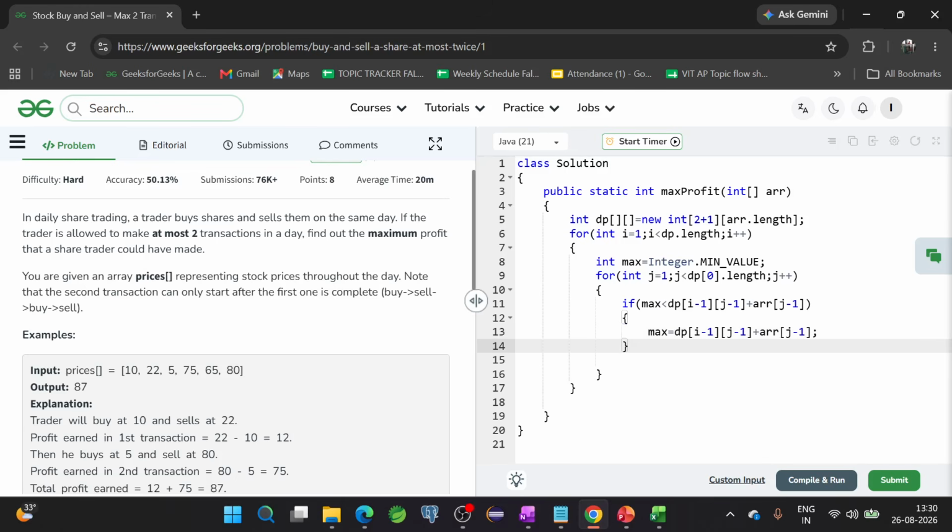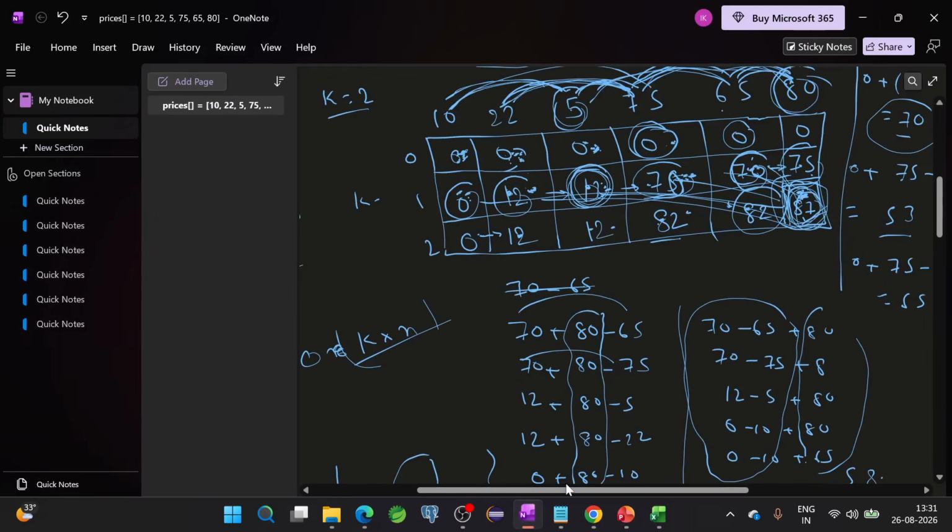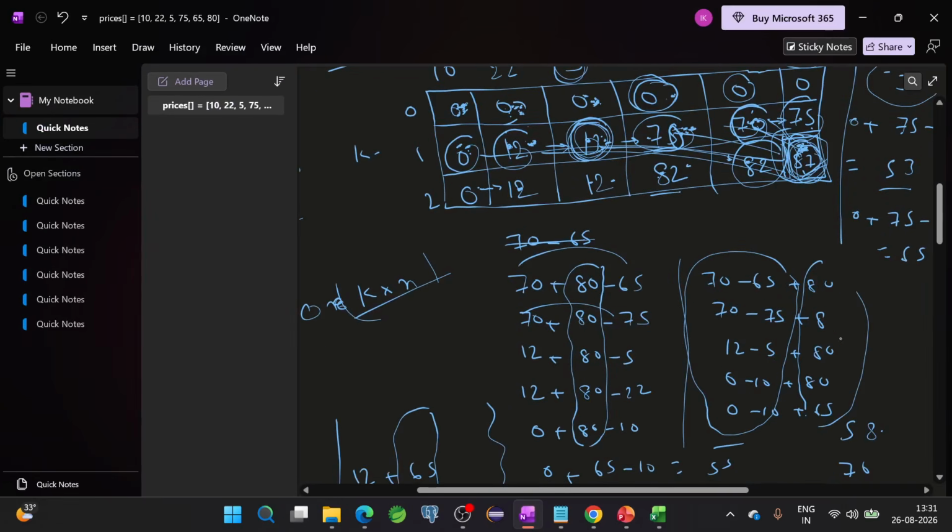Okay, and for dp of i, j equal to Math dot max, maybe previously it has found the maximum answer, so dp of i comma j minus 1 or max plus array of j, means we have to add here. 80 is common, that's why we are adding 80 only.